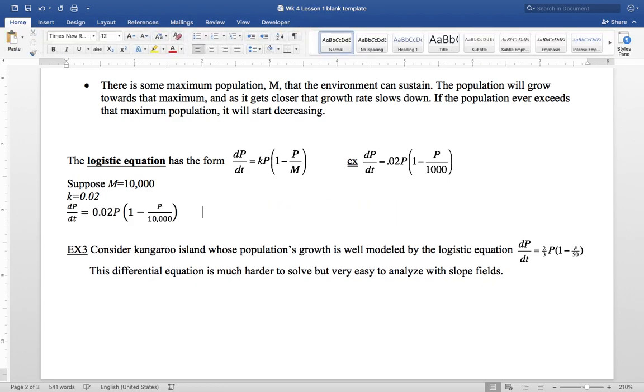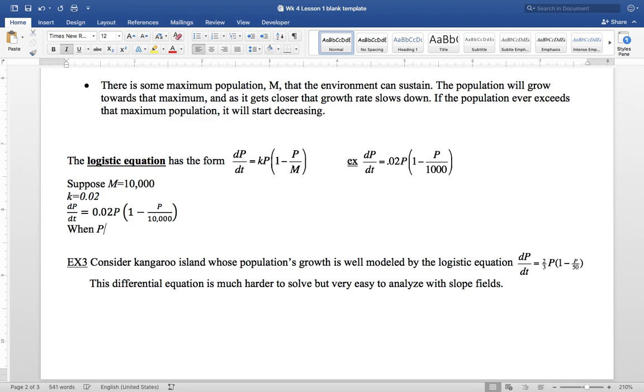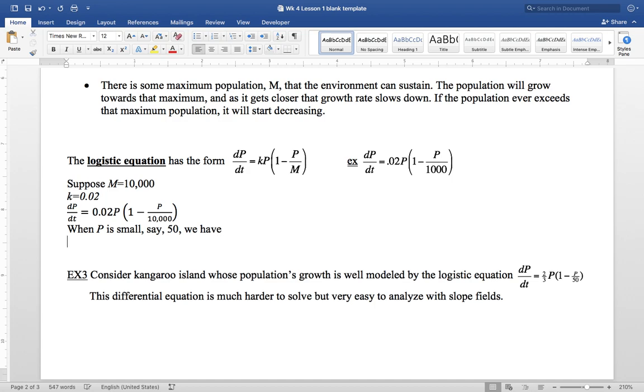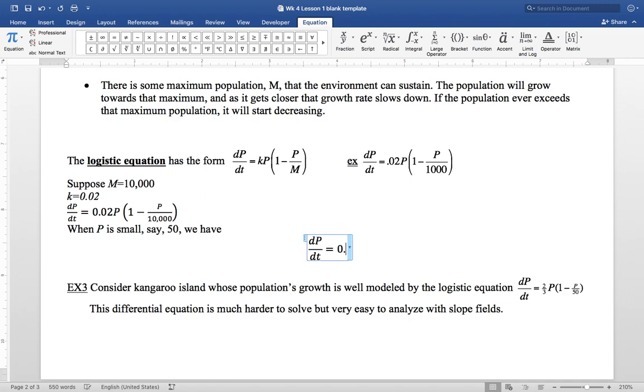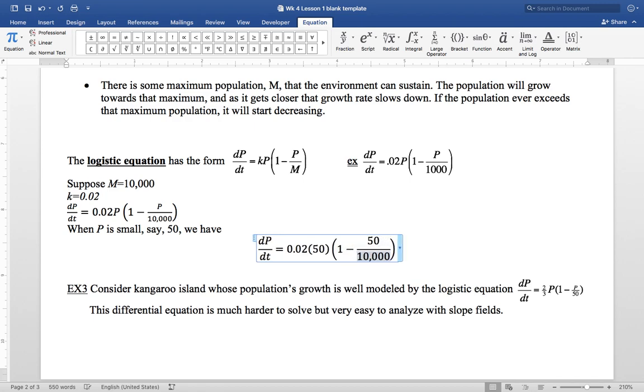Now, when P is small, that is, small compared to the theoretical maximum population, say like 50, we have dP/dt is equal to 0.02 times 50 times 1 minus 50 over 10,000. What I want you to notice is that when P is small, this term right here is very, very small.